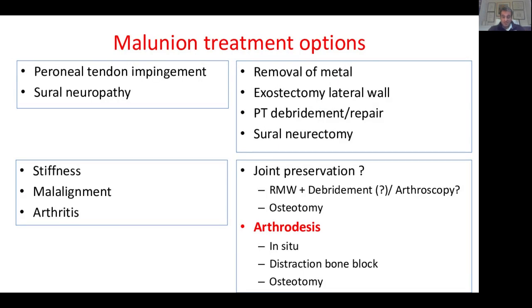And for joint preservation, if you have, let's say, one part of the subtalar joint affected, you consider an osteotomy or debridement of the scar tissue within the subtalar joint, possibly arthroscopic, or you go on to an arthrodesis, and then you have to decide whether you do an in situ arthrodesis, or whether you want to distract the hindfoot using a bone block, and whether you have to add an osteotomy to correct varus or valgus.